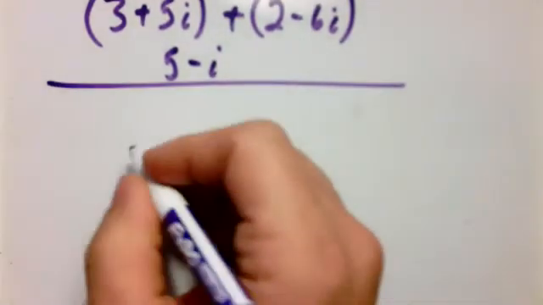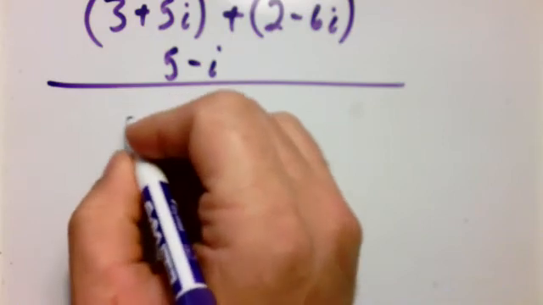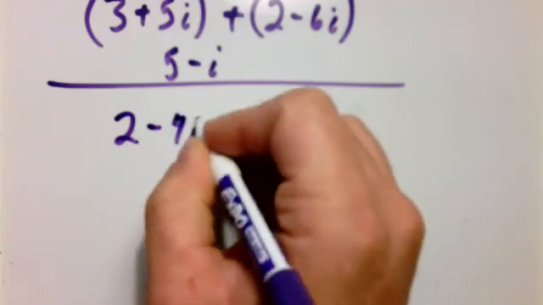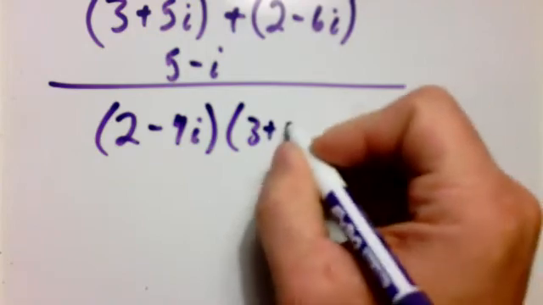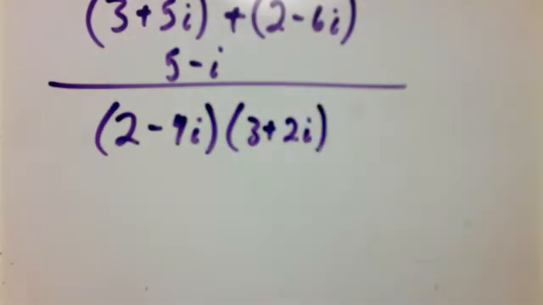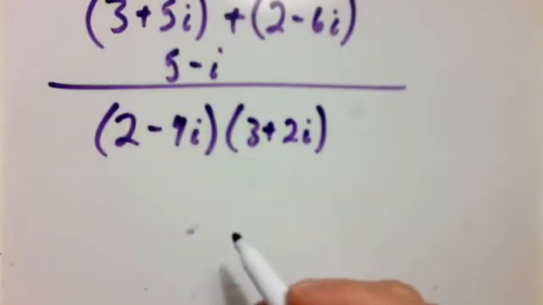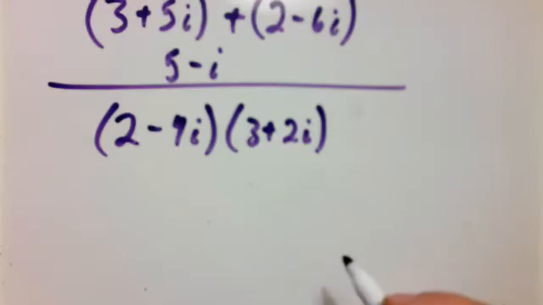If I want to look at a different problem, let's say that I had 2 minus 4i. And this time, let's go ahead and multiply that by 3 plus 2i. Now, this one's a little different because I am multiplying. So this is just going to be a double distributive. Shelby Patton, what do you think here? You do 2 times 3.